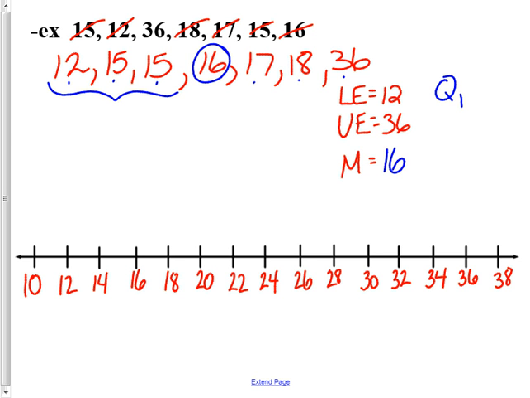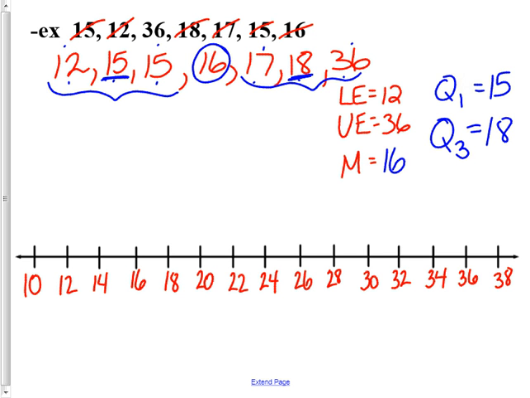It's these numbers right here. So our median of the lower half is not 12 or 15, not the second 15 anyway. It's that 15 right there in the middle. So quartile 1 is 15. And quartile 3, if I look at my upper half of the data, it's not 17 and 36. It's going to be 18 for my third quartile.